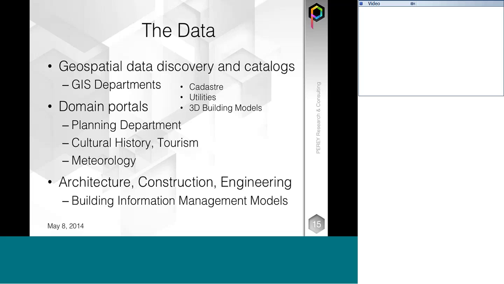You can also find that kind of data and complementary information from your planning department, perhaps from the cultural heritage or your tourism office, or even the meteorological service of your city, regional government, or national government.